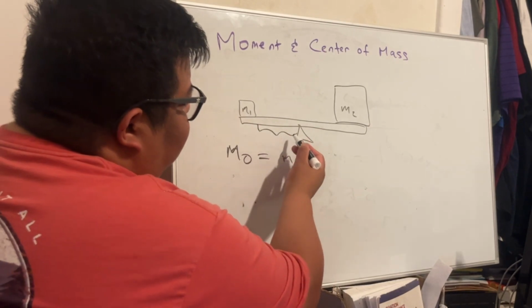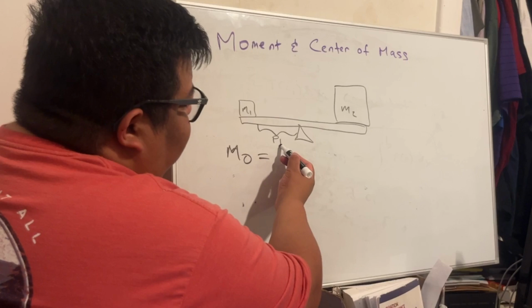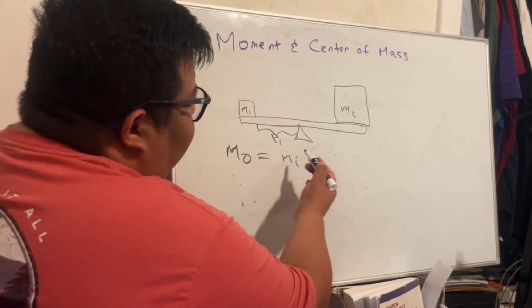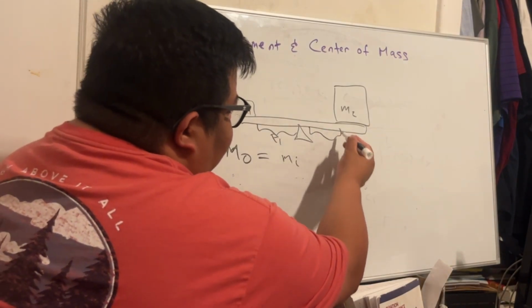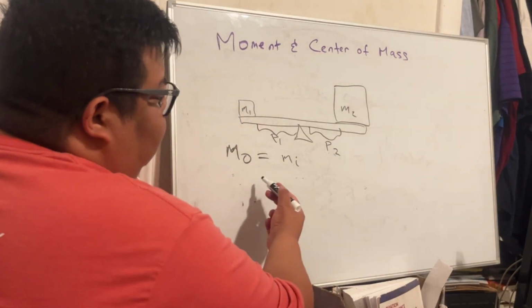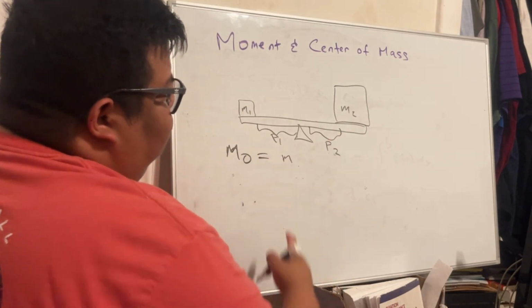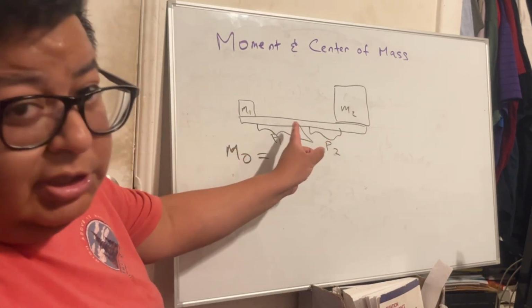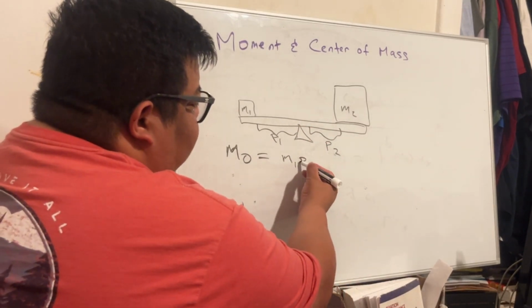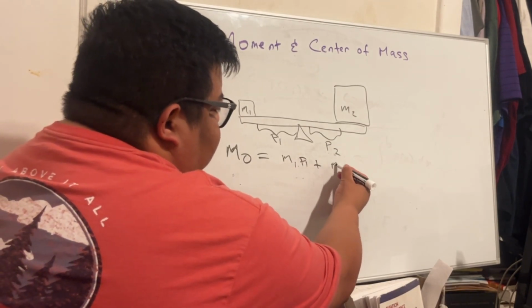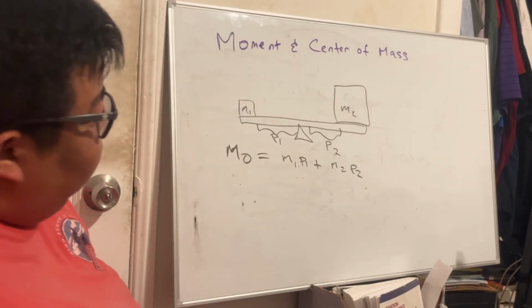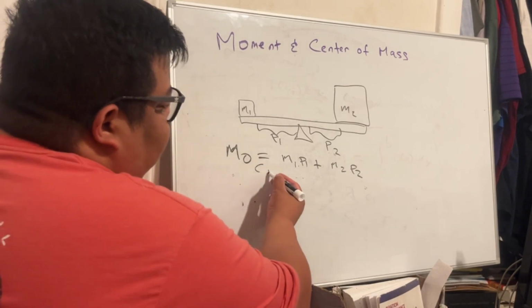Here we call it P1, and here we call it P2. So the moment for this particular example of the seesaw is going to equal M1 times P1 plus M2 times P2. So this is your moment.